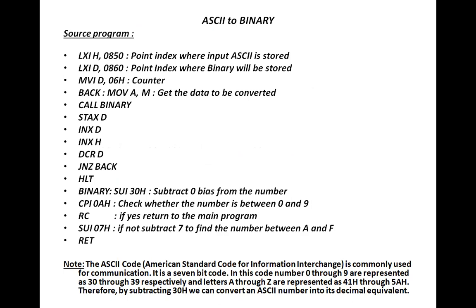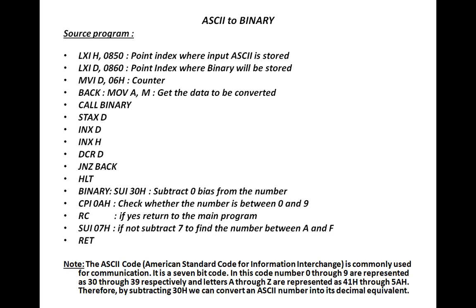While converting the ASCII number into binary, we will be subtracting 30 or subtracting 37 to get the binary number corresponding to the ASCII code. So as we do an addition process in binary to ASCII conversion, we will do a subtraction process in the ASCII to binary conversion.